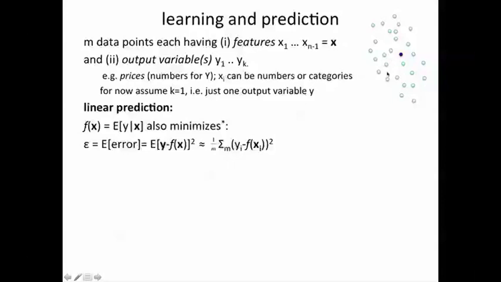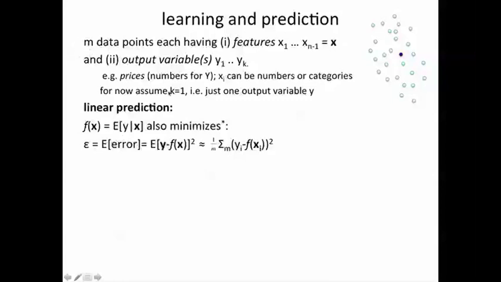For one particular data point, the difference between the output variable and the predicted output variable, which is f of the data point, x of i, is just this quantity. We square it and take the average of that square across all the possible data points that we have.